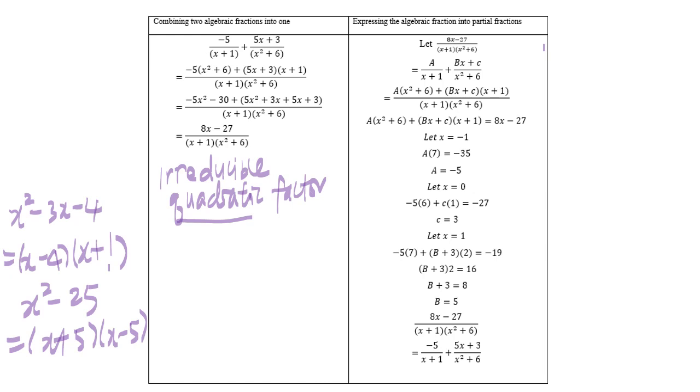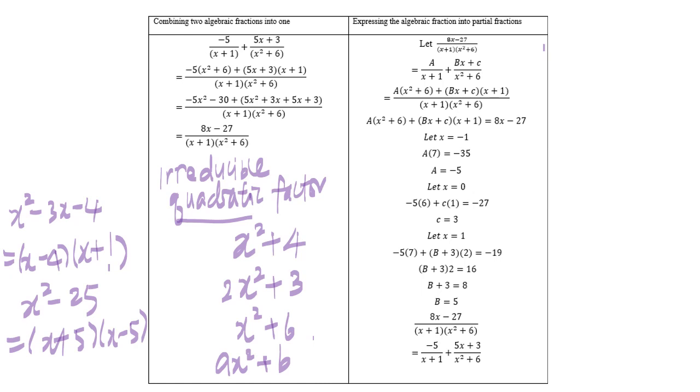They are mainly in the form x squared plus a constant, like x squared plus 4, or 2x squared plus 3, or x squared plus 6, and so on. So in the form ax squared plus b, where both a and b are constants. These are called irreducible quadratic factors.